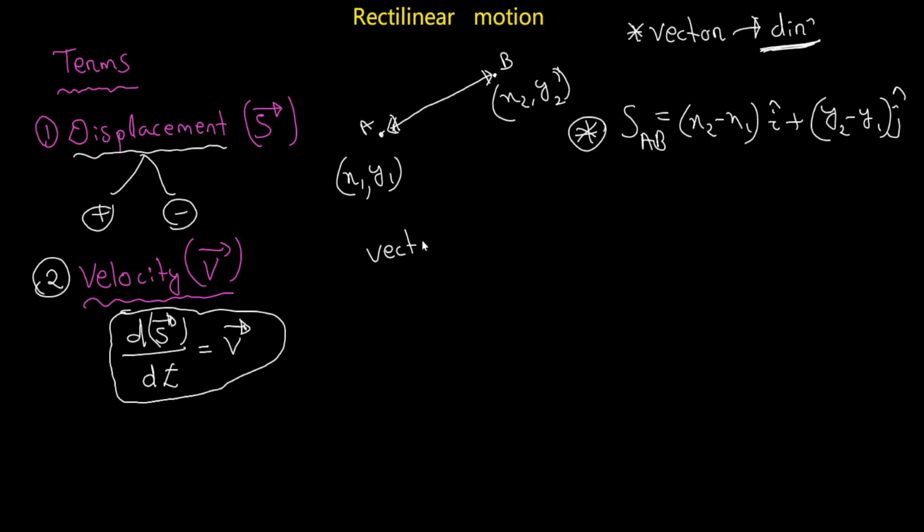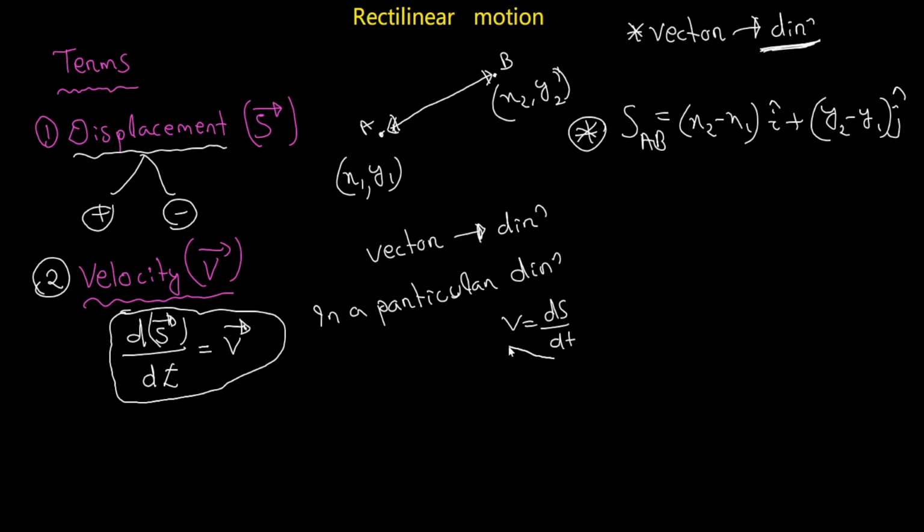Vector means you are dealing with direction, so if you want to apply this equation, you have to apply it in a particular direction. In that case, the velocity will be equal to ds by dt.